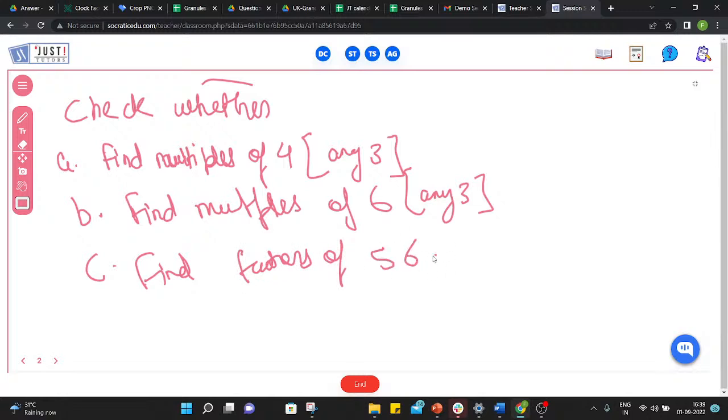Okay, in this one I am not writing any 3 or any 2 or any 5. You have to find all of the factors, all, because factors are not infinite. There will be 5 or 4 or 6 or 7 or 10 factors, but they cannot be infinite.